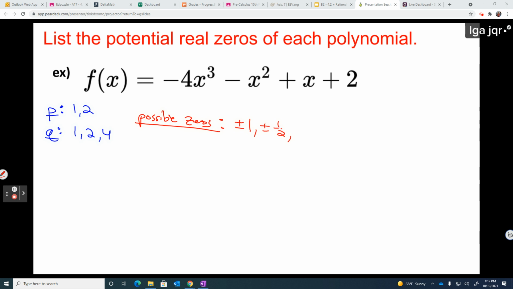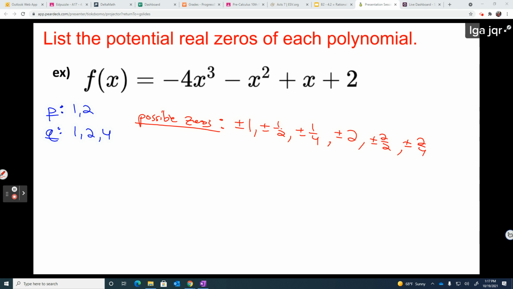Plus or minus 1 over 4. Plus or minus now 2 over 1, which now is 2. Plus or minus 2 over 2, which is actually 1. I'll write 2 over 2 to see what happens here. And then plus or minus 2 over 4.